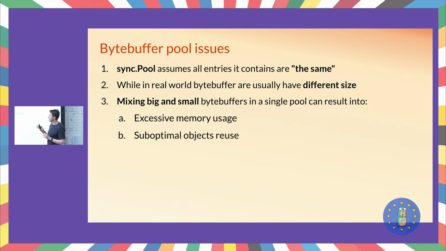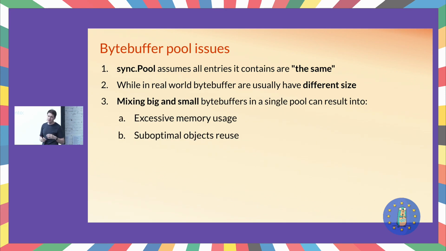Okay, what are the gotchas with sync pool, and especially with byte buffer pool? Sync pool assumes that all entries you put into it are the same. But in real life, all these byte buffers could be of completely different sizes. And mixing these big and small byte buffers could result in excessive memory usage or just in suboptimal usage of this object.